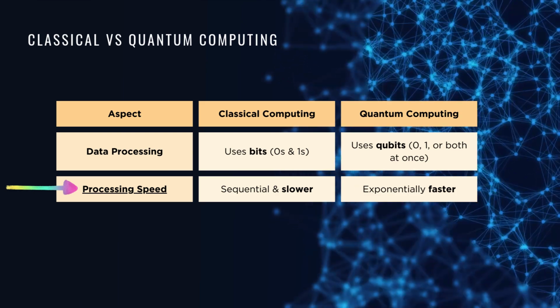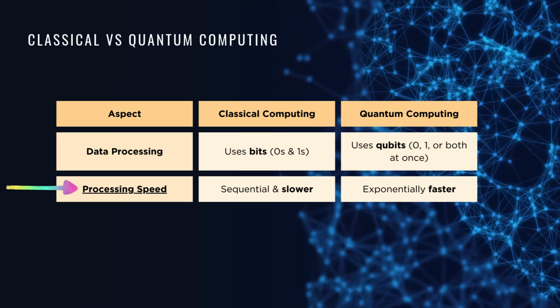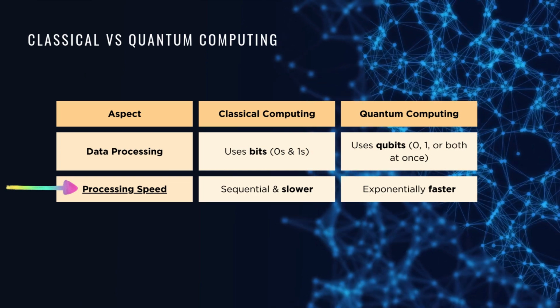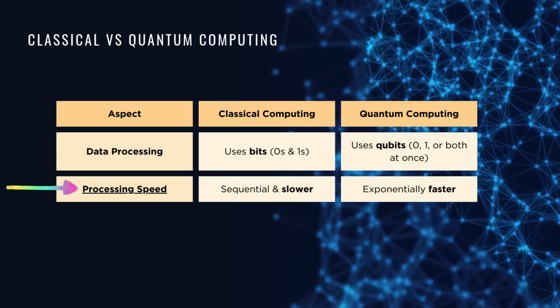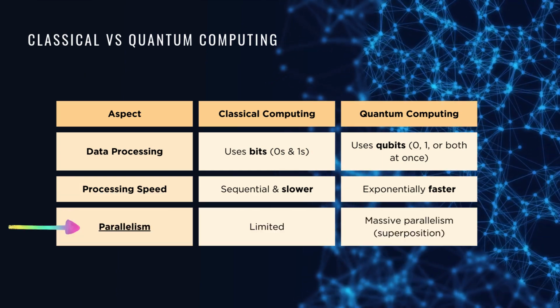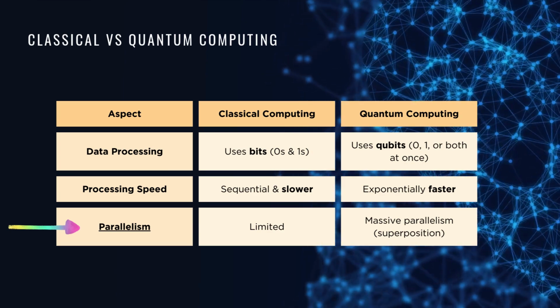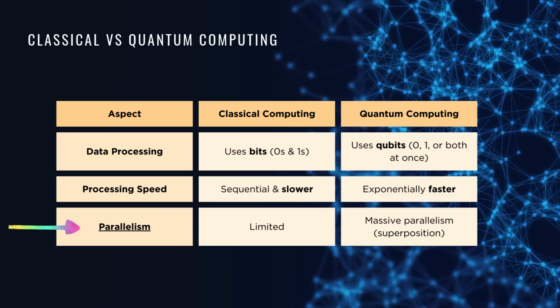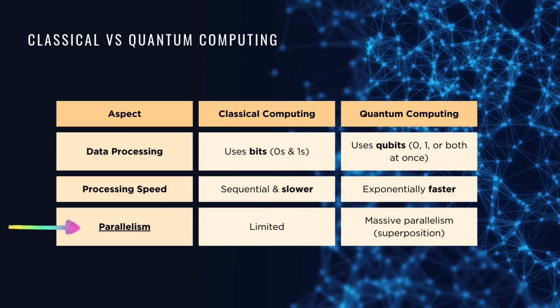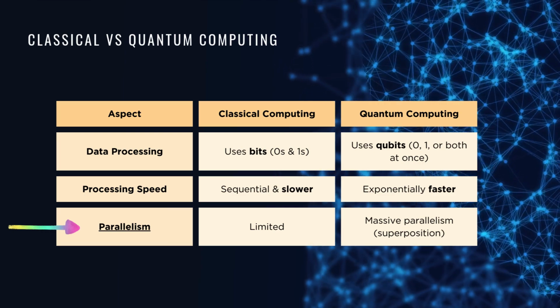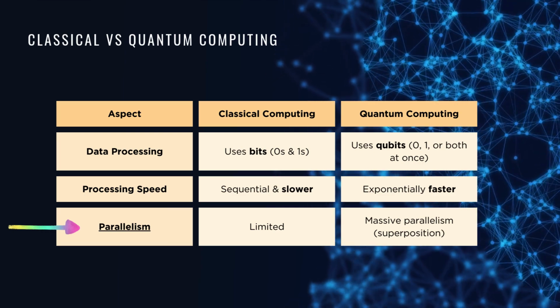Classical computing is sequential and slower, whereas quantum computing is exponentially faster. Parallelism. Classical computing is limited in performing parallel activities, whereas quantum computing achieves massive parallelism through superposition.